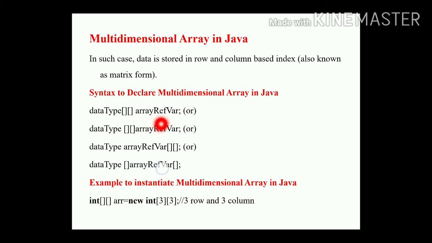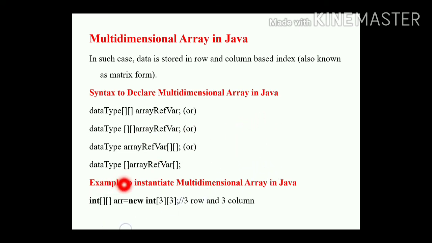Array reference variable or data type, array reference value, with double brackets, or data type, brackets, array reference value, brackets. These 4 ways are there. We can use any one way to declare a multi-dimensional array in Java.